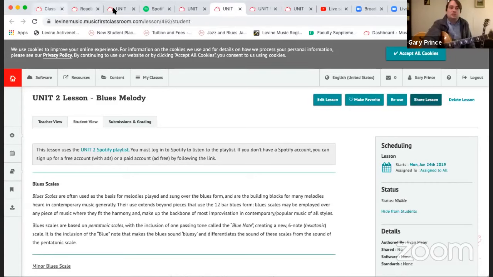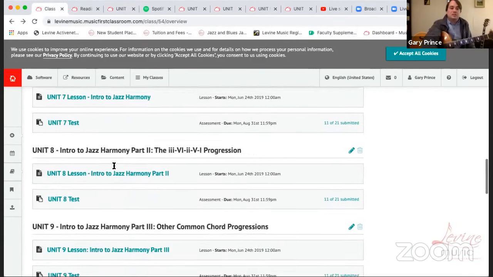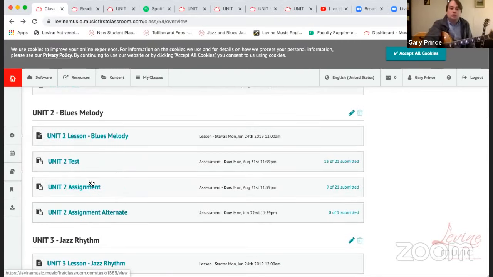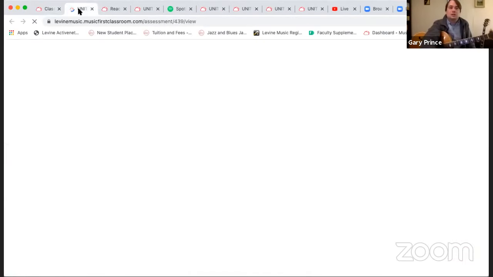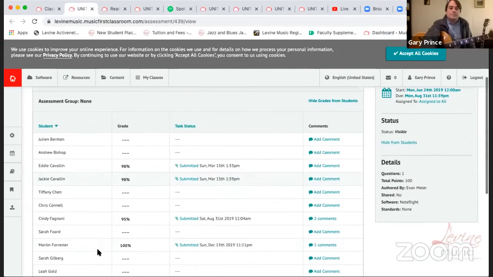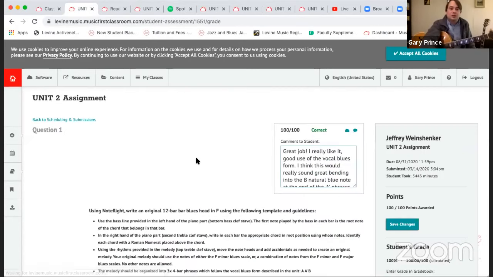So then as we get into Unit 2, we actually do have an assignment here. Assignments are created in Noteflight. So I'm going to open that up just so that you can see it. So all of the assignments for the class, let's see, I'll open up an example that a student made here.